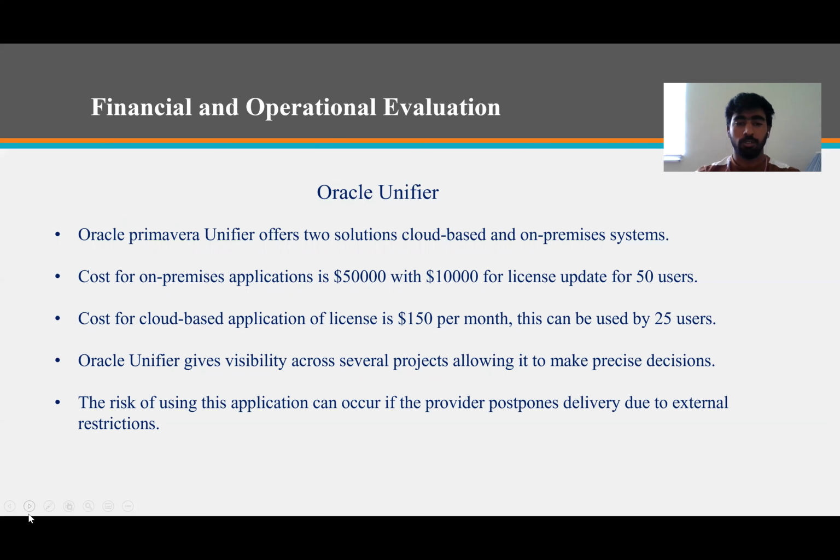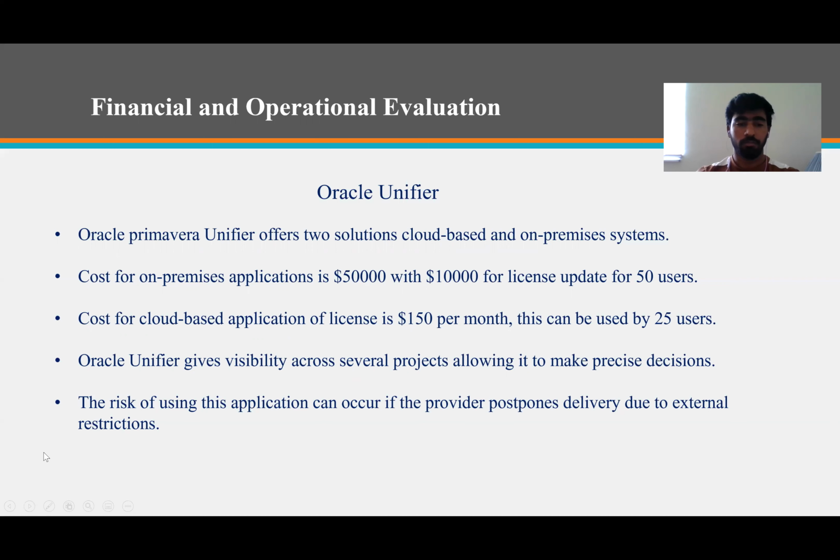And the other solution is Oracle Unifier. Oracle Primavera Unifier offers two solutions, the cloud-based and on-premises system. The cost for the on-premises application is $50,000 with $10,000 for license update for 50 users. The cost for the cloud-based application license is $150 per month, and this can be used by 25 users.